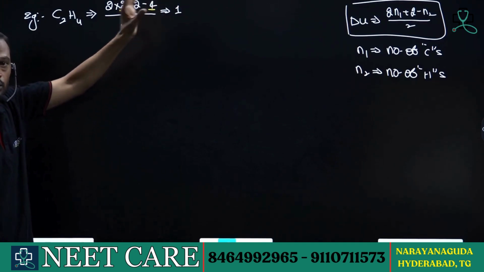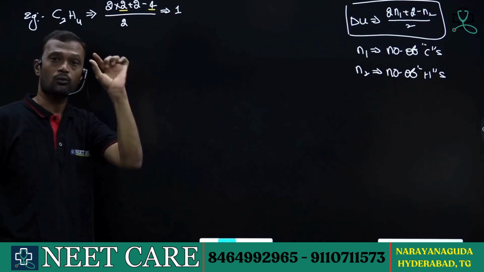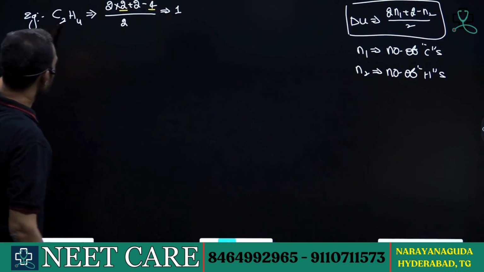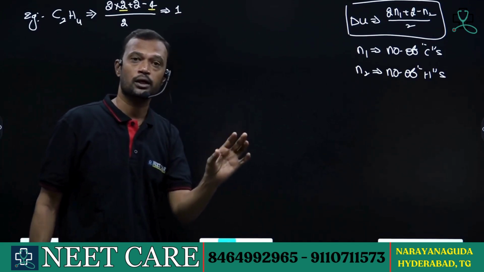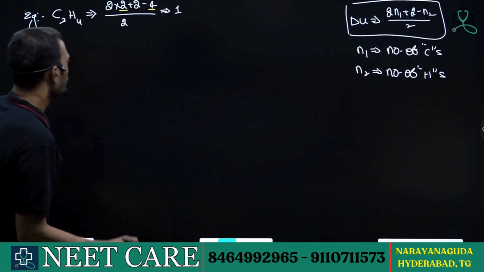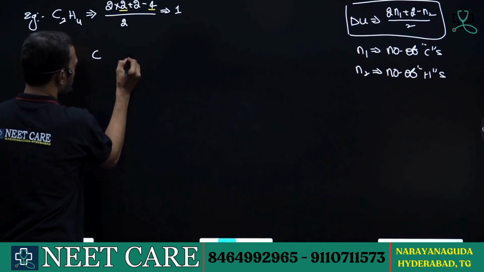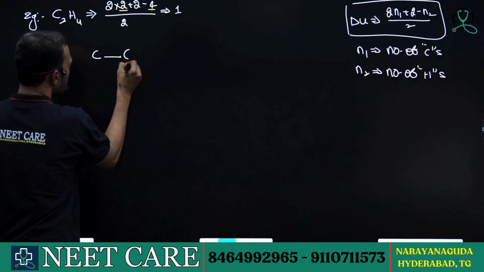What does it mean? 1 means this formula carries maybe one pi bond or one ring. A simple technique: if 2 carbons are present, it is possible to create a pi bond, but impossible to create a ring. First write down 2 carbons, then put a single bond between them.